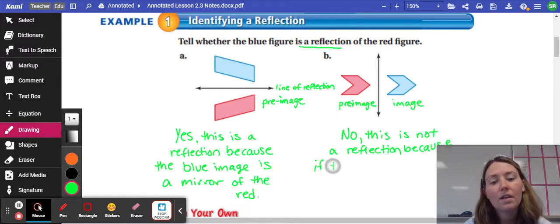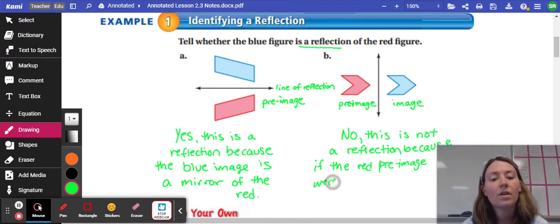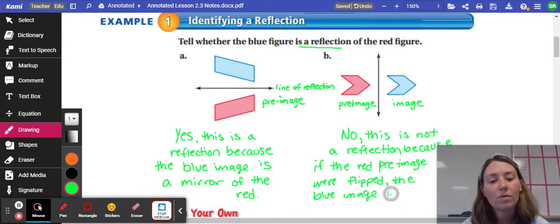Because if the red image, or I'll call it pre-image, were flipped, the blue image would be pointing left.